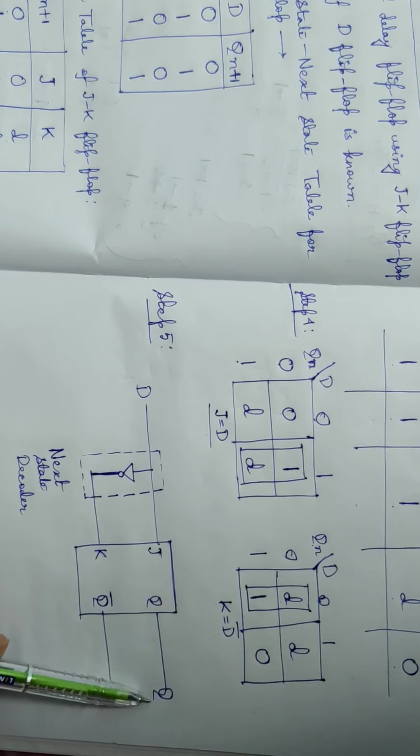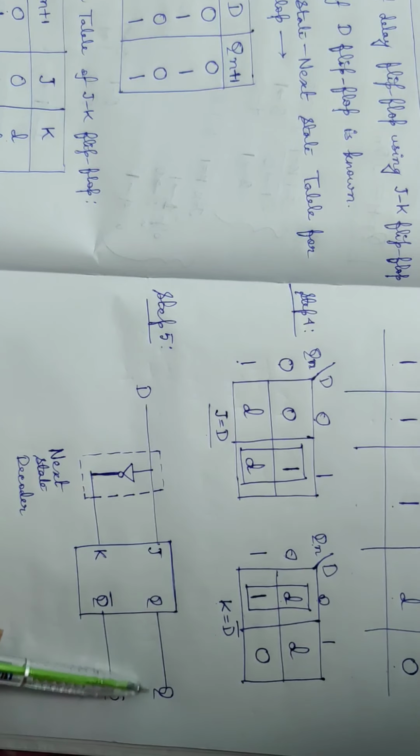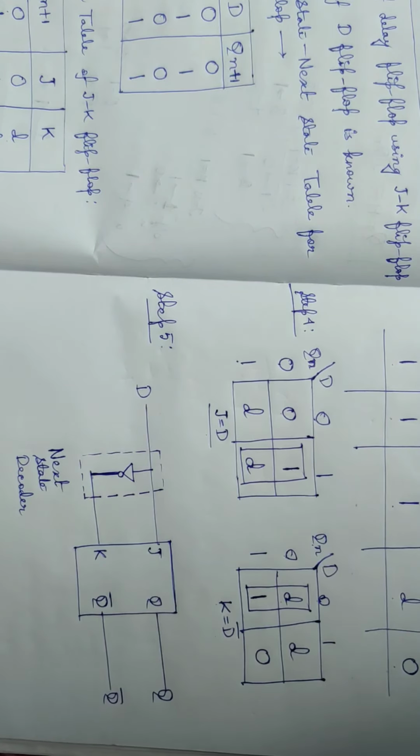This Q is the output of the JK flip-flop, Q bar is the complemented output of the JK flip-flop.